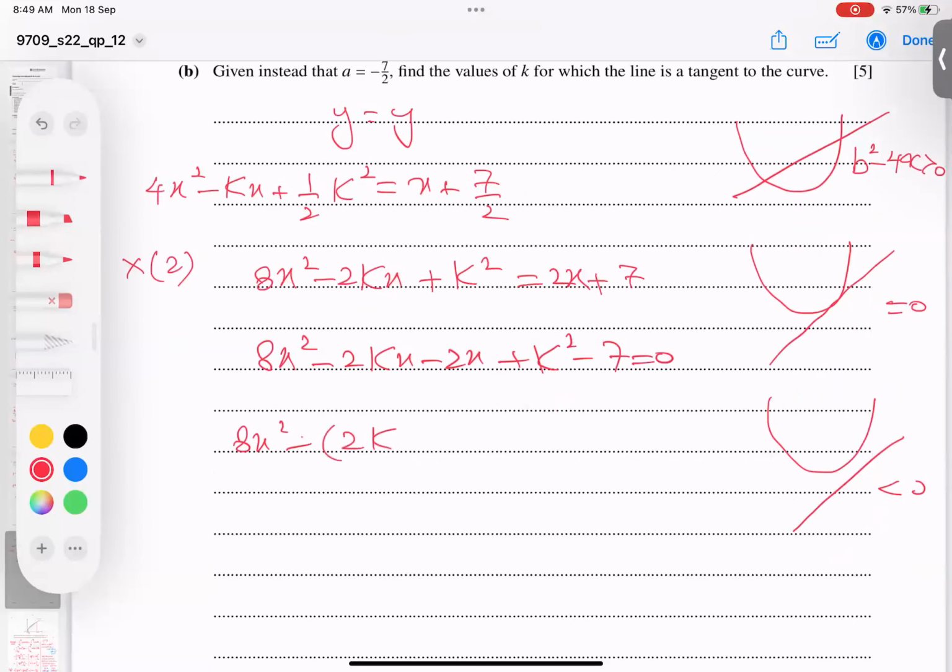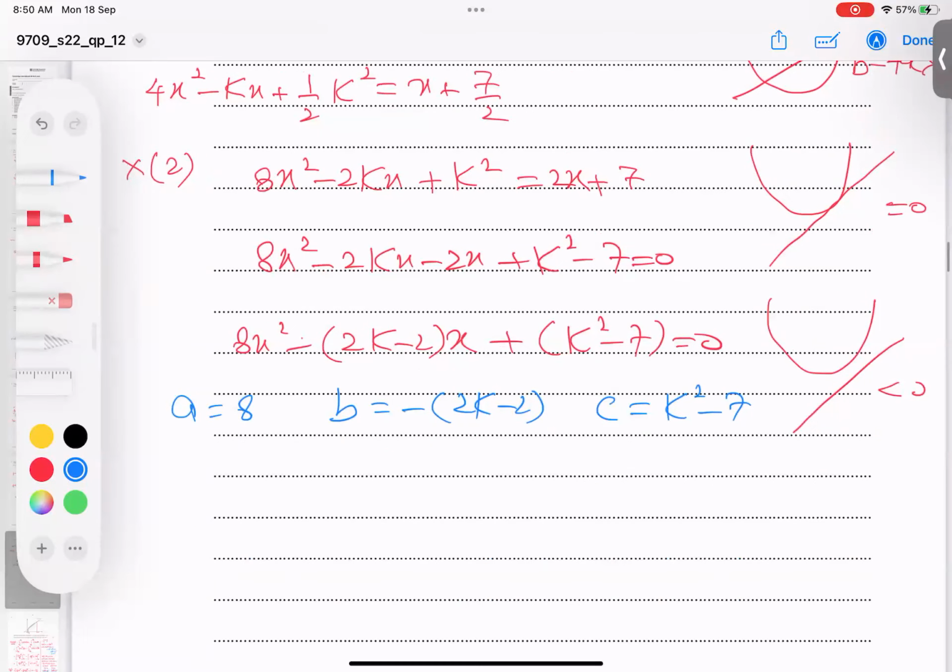So 2k minus 2 is common outside x, and this k to the power 2 minus 7 equal to 0. Actually, if you look carefully, students, I'm getting a quadratic equation in x square. So what is the value of A? The A value is this 8. The B value, including the negative sign, is 2k minus 2. And the C value is coming here, k to the power 2 minus 7. So I believe all students are understanding.